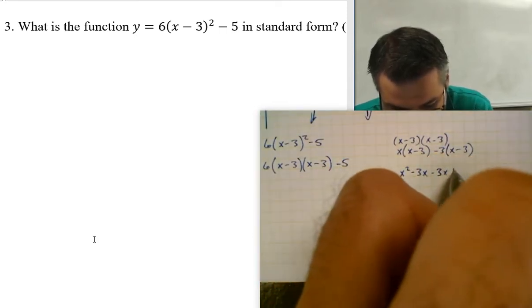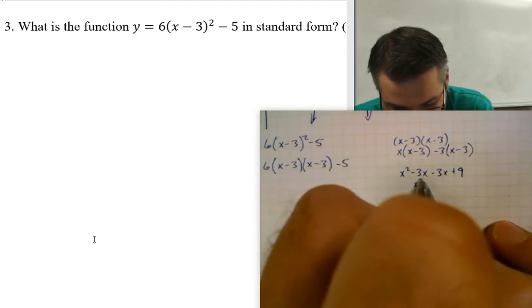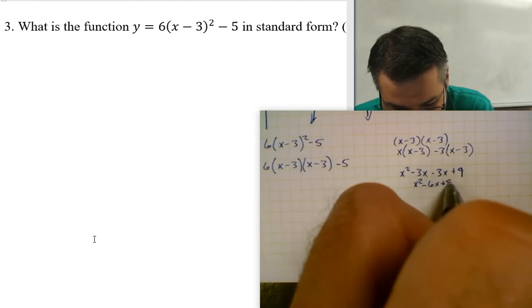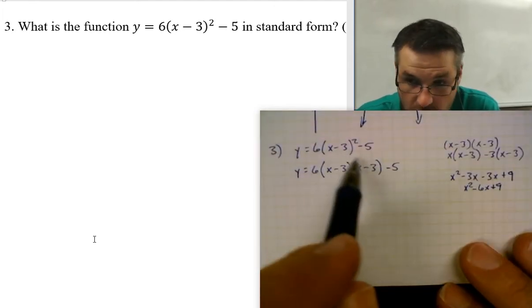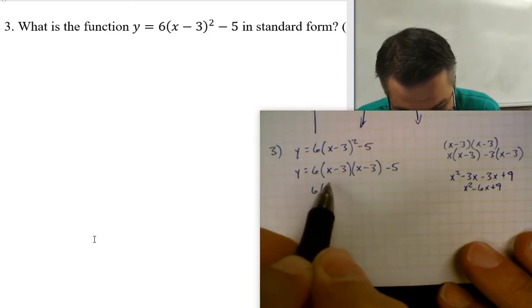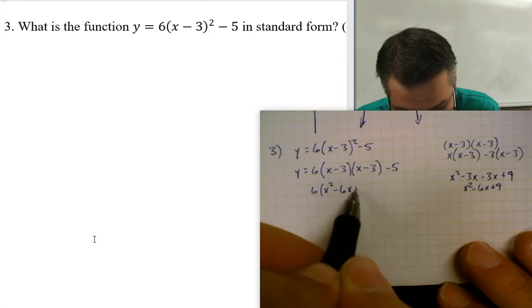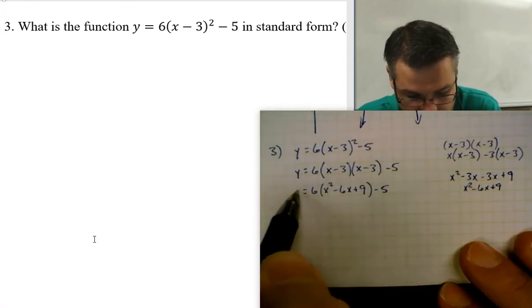And -3 times -3 is +9. Combining like terms there, we would get x squared minus 6x plus 9. And so that is to replace the multiplying here. So we're going to rewrite 6 times x squared minus 6x plus 9 instead of x minus 3 times x minus 3.